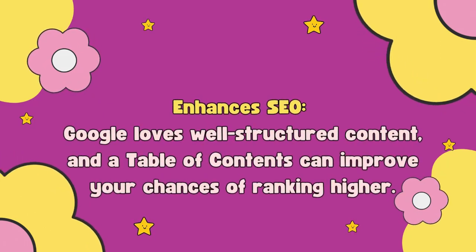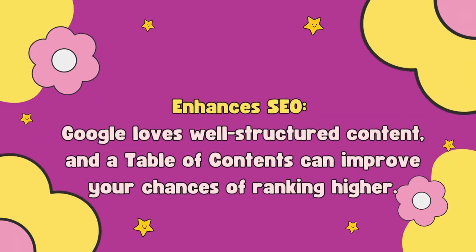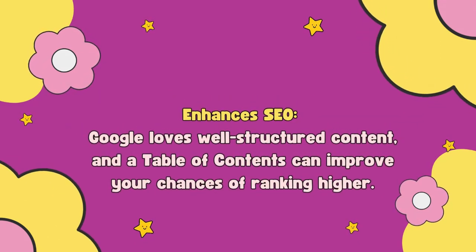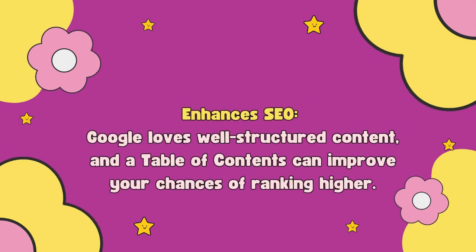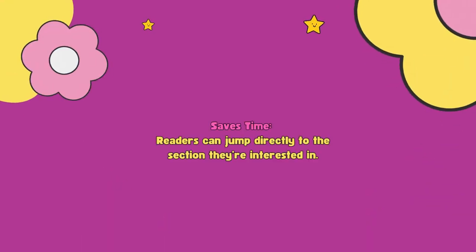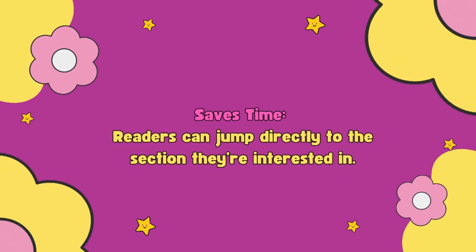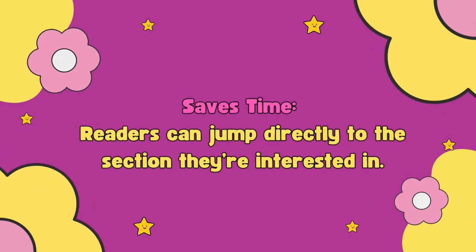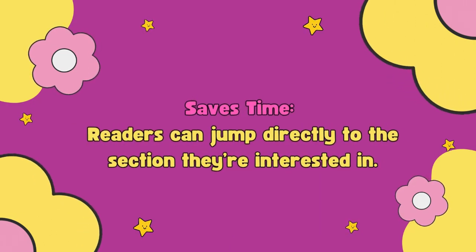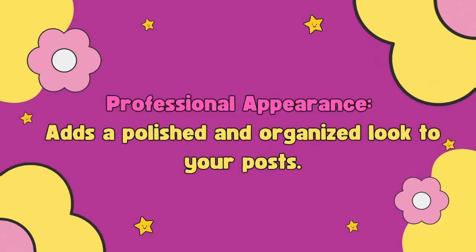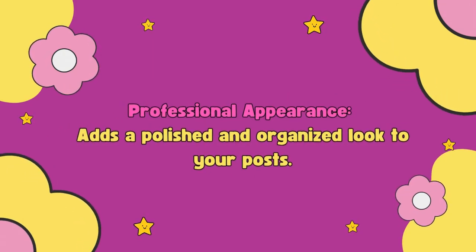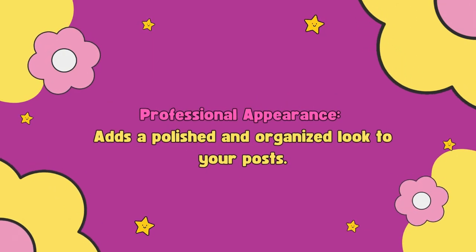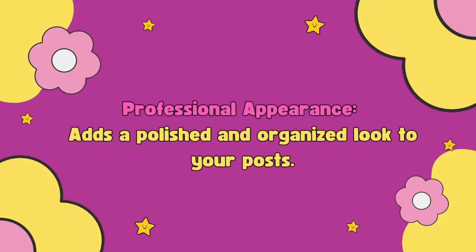Google loves well-structured content, and a table of contents can improve your chances of ranking higher. Point number 3, saves time. Readers can jump directly to the section they are interested in. Point number 4, professional appearance, adds a polished and organized look to your posts.